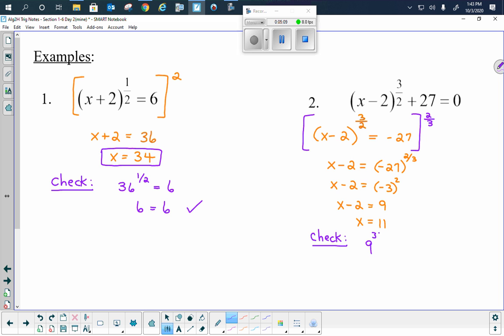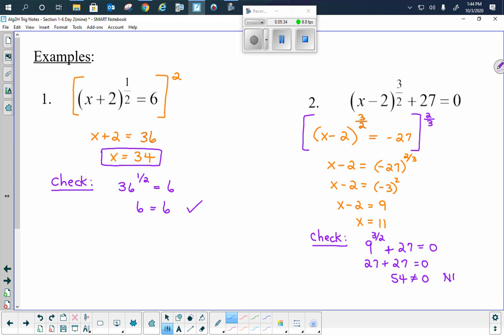So we're looking at 9 to the 3 halves plus 27 is supposed to equal 0. 9 to the 3 halves means the square root of 9, which is 3, and 3 cubed is 27, plus 27 is supposed to equal 0. And so you're going to tell me 54 does not equal 0.